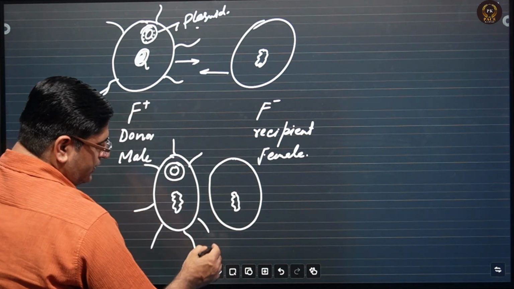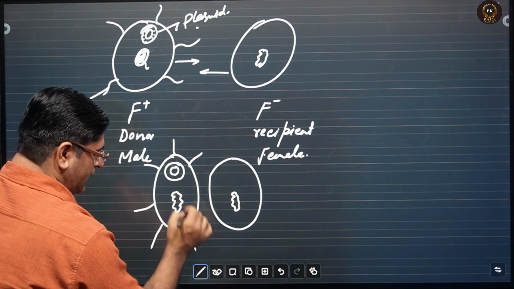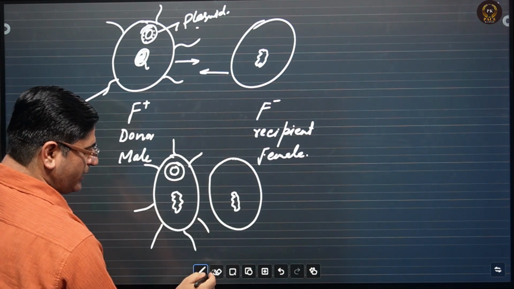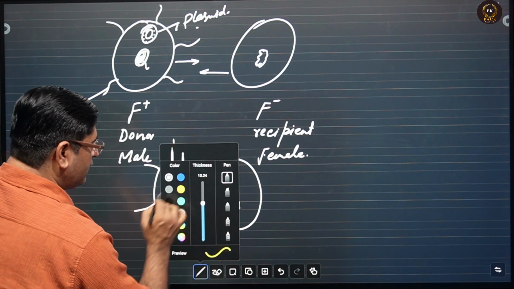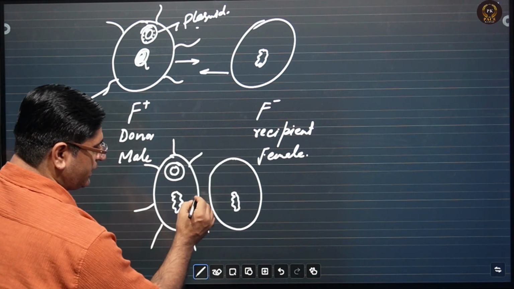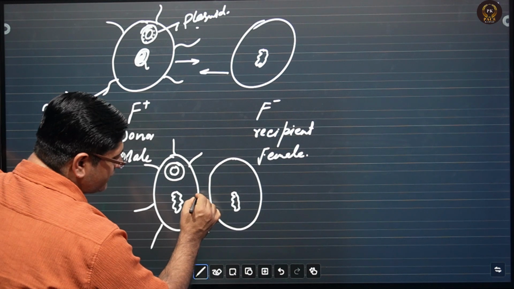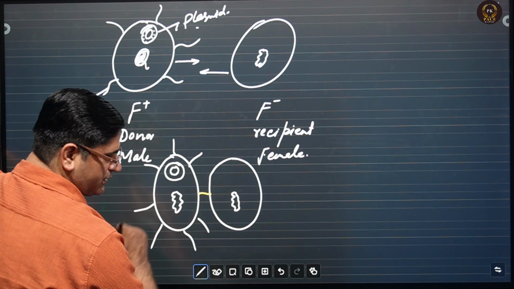Then one of the pili of this F positive bacteria comes in contact with the bacteria which doesn't have one.